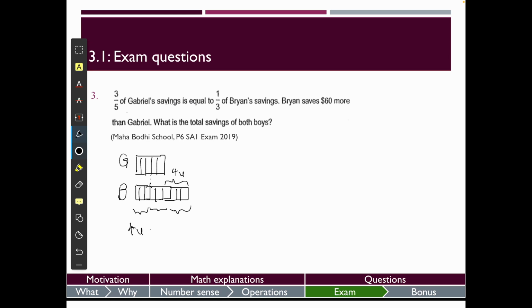So 4U is equal to $60. So the total number of units is equal to 1, 2, 3, 4, 5, 6, 7, 8, 9, 10, 11, 12, 13, 14. 14 units is equal to 60 divided by 4 times 14, which is 15 times 14. That is $210. So that is the savings of both boys.